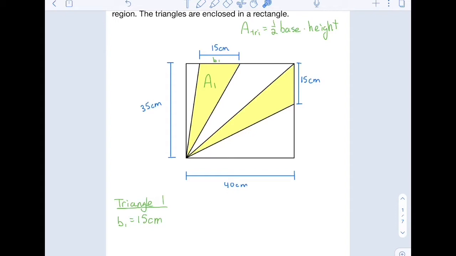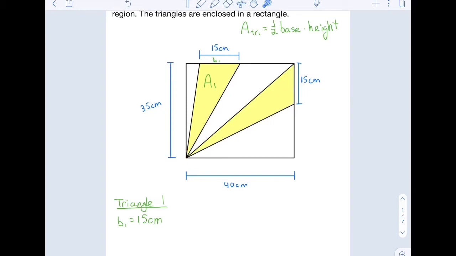Notice that we could not have made this side our base because we don't know the length of it. Some people make the mistake of thinking that the vertical length is the same as the length of this diagonal line segment, but they're actually different. So this 35 centimeters refers to this vertical line segment, not to the diagonal one.